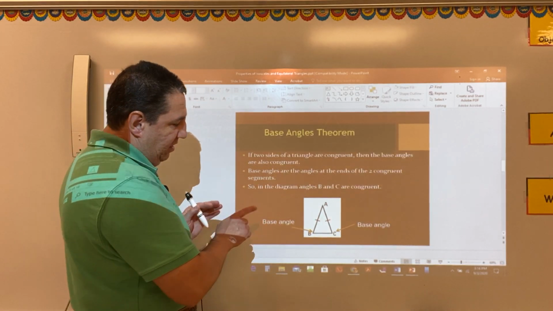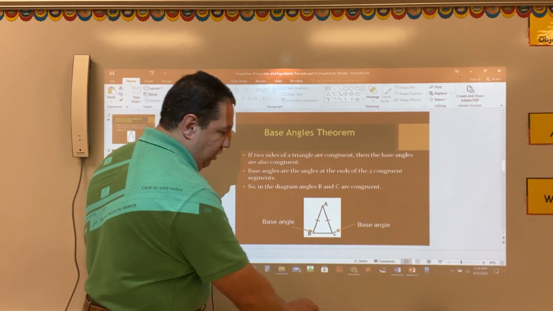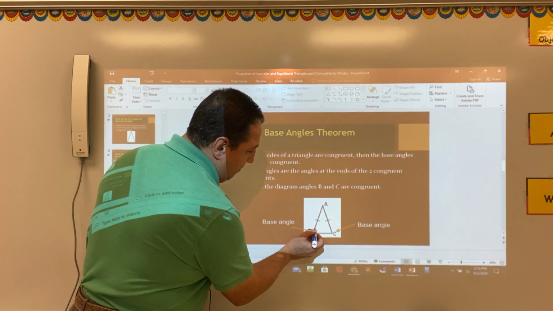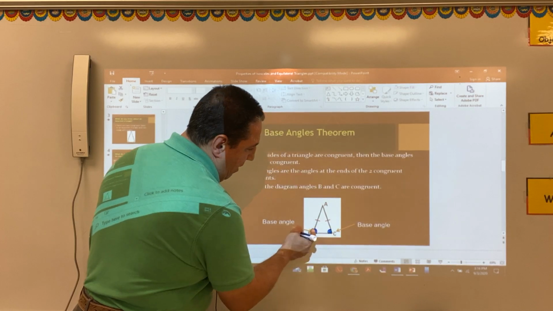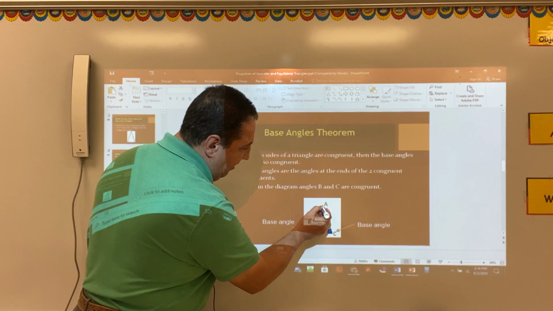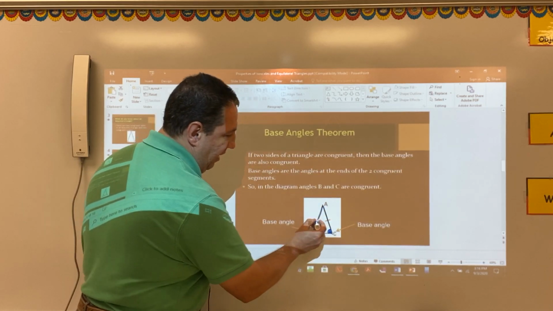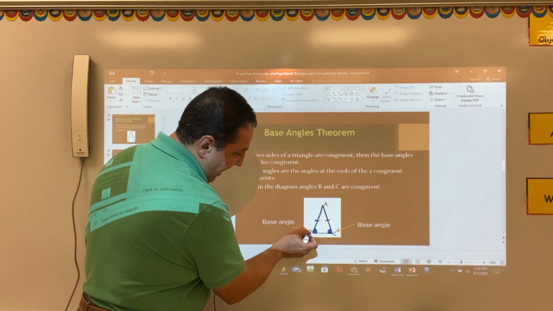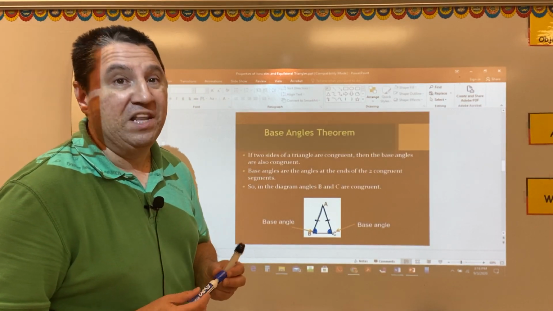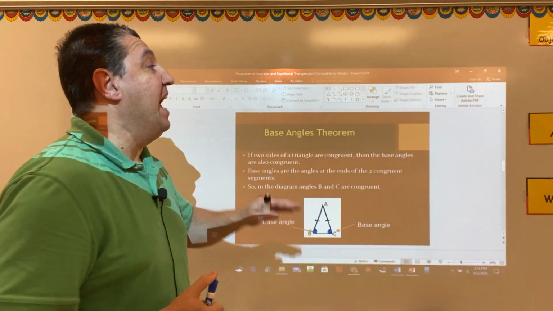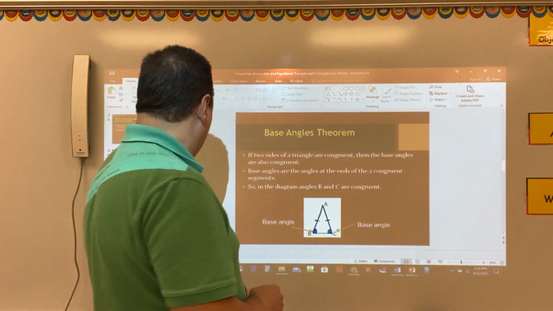In this case, base angles are B and C. As you can see, angles B and C both are at the end of the congruent sides. Those angles are called base angles, and they are congruent. Good.